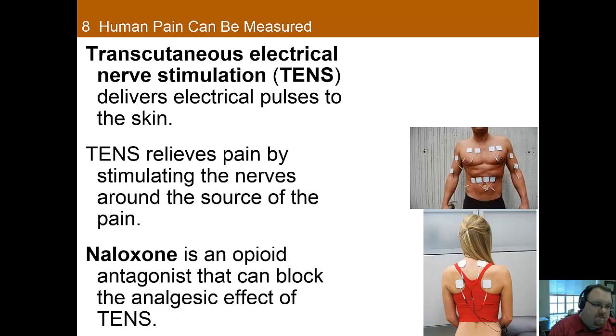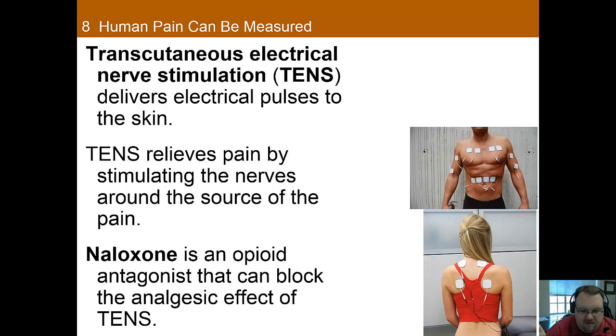Transcutaneous electrical nerve stimulation, or TENS, has also been used. Here, what happens is it delivers electrical pulses to the skin in order to help relieve pain. And it's actually been shown to relieve pain that is otherwise hard to control. We're not exactly sure why this works, but it looks like endogenous opioids play a role.